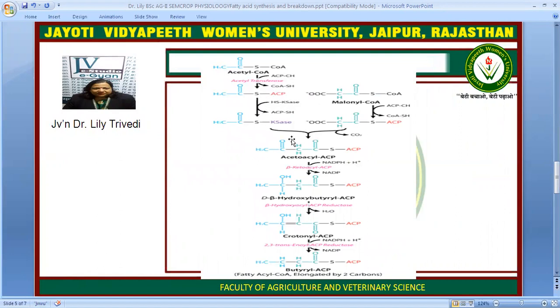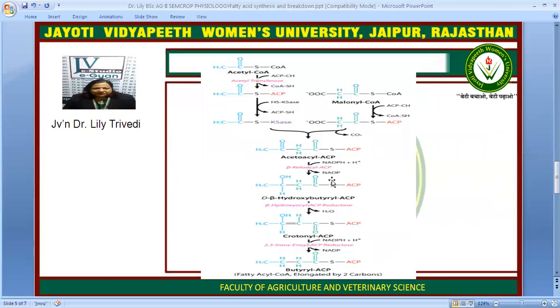Now what happens here? You can see these are the reactions. As already mentioned, it is converted into malonyl coenzyme A and acetyl ACP, that is a protein complex. Now this is further NADPH.